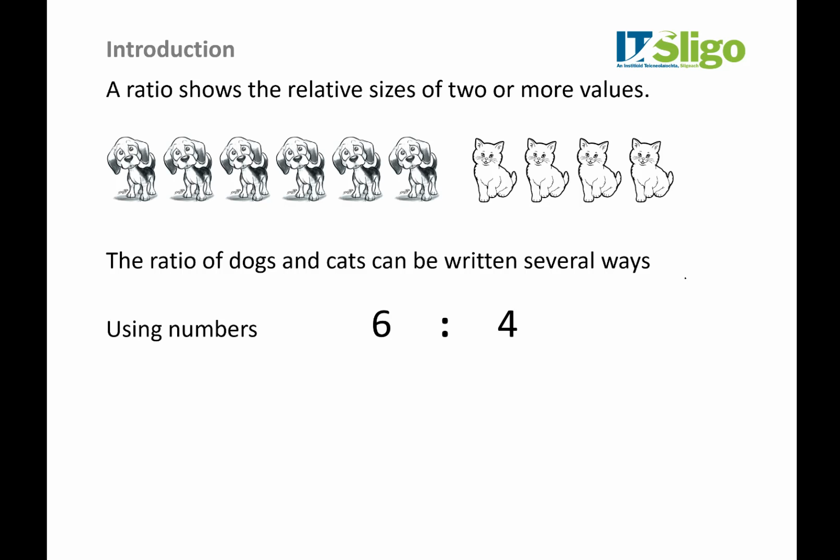So a ratio can be expressed using numbers or fractions, where we look at the whole. There's 10 pets in the shop, 6 of those are dogs, so 6/10 are dogs, 4/10 are cats. We can convert these to decimals just simply by division.